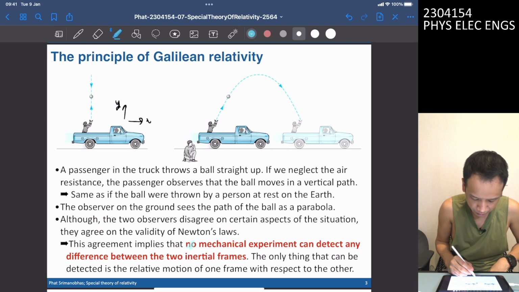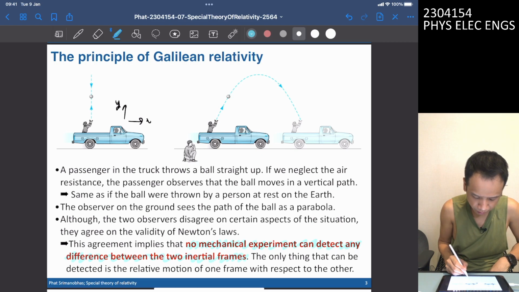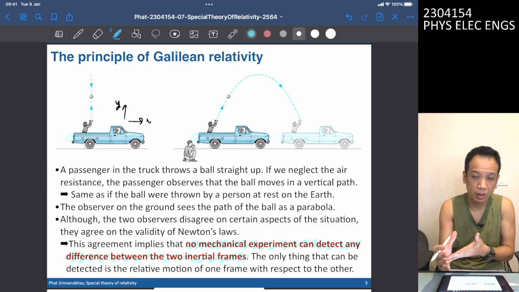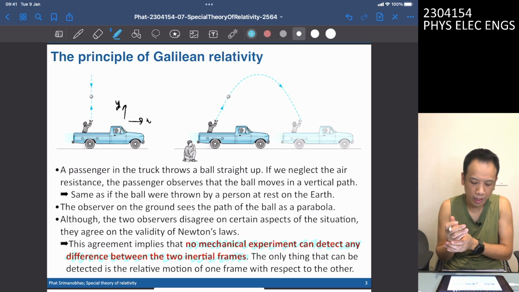statement that there are no mechanical experiments that can detect any difference between two inertial frames. Okay, if you have two frames and one frame is moving with a constant velocity, another one is at rest with respect to it, you cannot make any experiment to say which frame is moving.